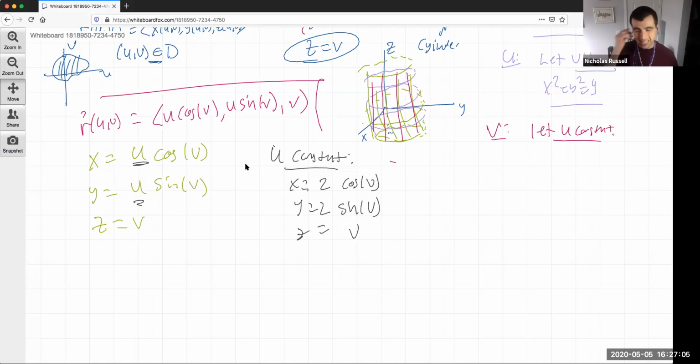And what we see here is that's actually very similar to something we've done in the past, right? If I had cosine of t, sine of t, that's actually a helix, which is kind of cool. So if u is a constant here, this entire thing is going to be a helix. It's going to be moving like a DNA that just goes around like that.